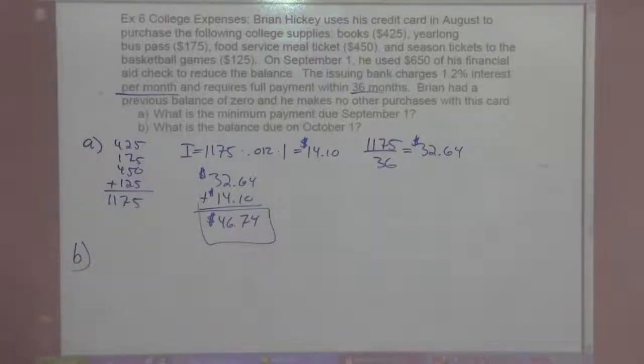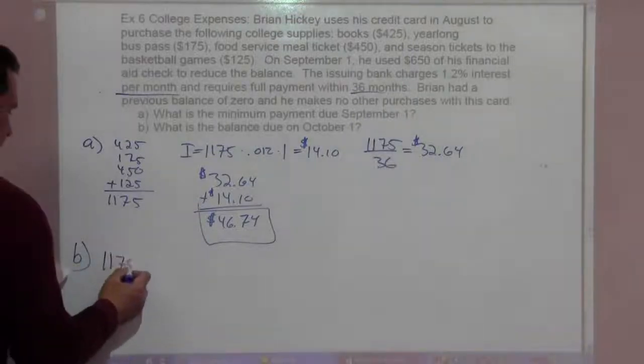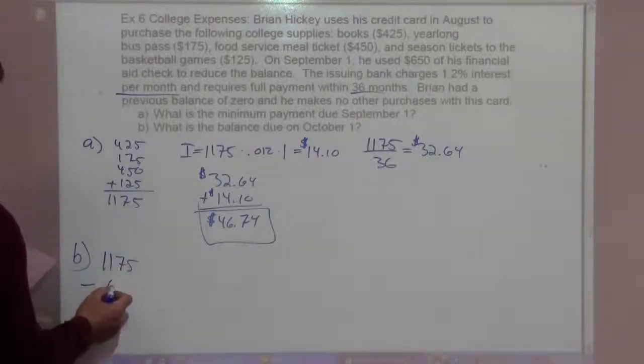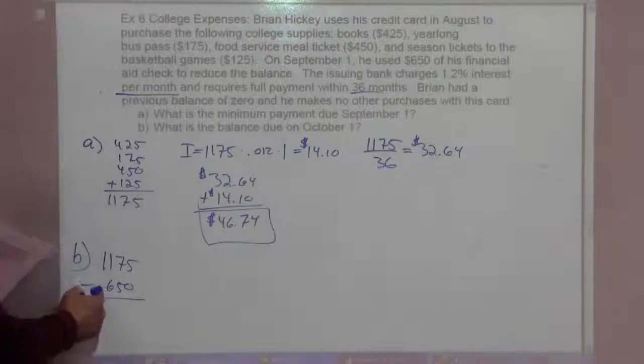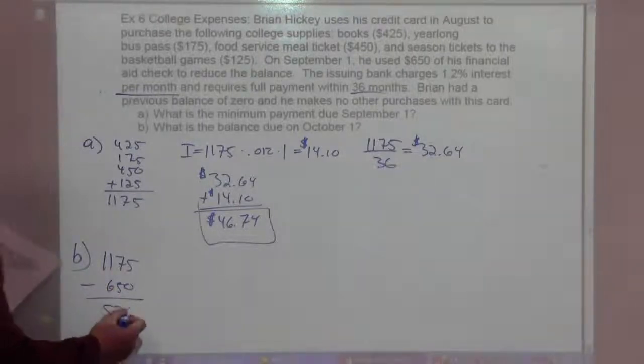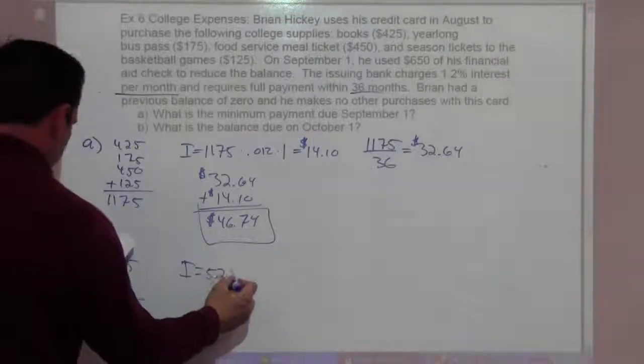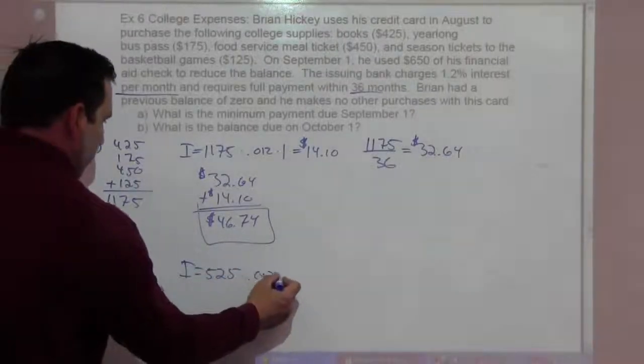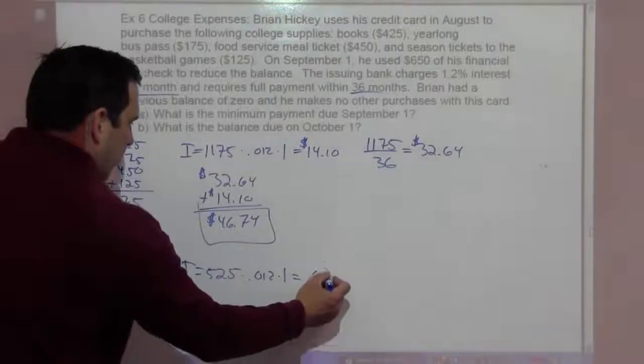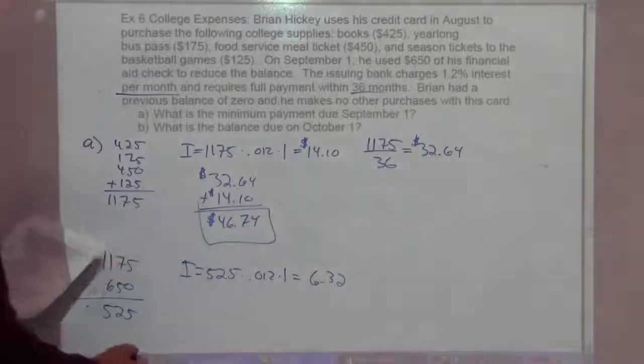For B, it says, what is the balance on October 1st? Well, the $1175, subtract off the $650 that he paid. That means the balance was $525. The interest is going to be $525 times 0.012 times 1, which is $6.30.